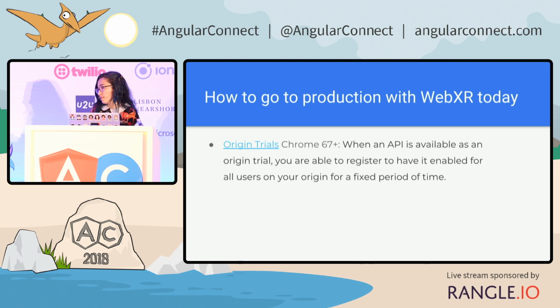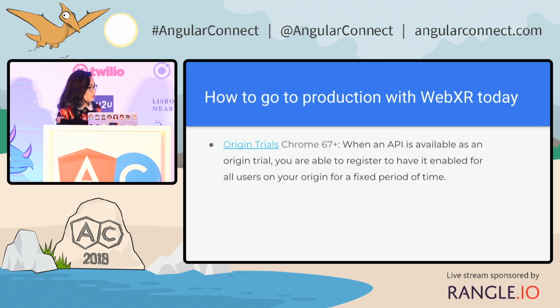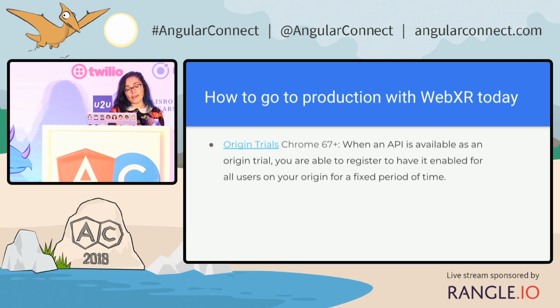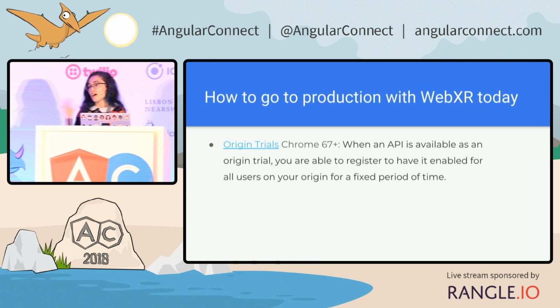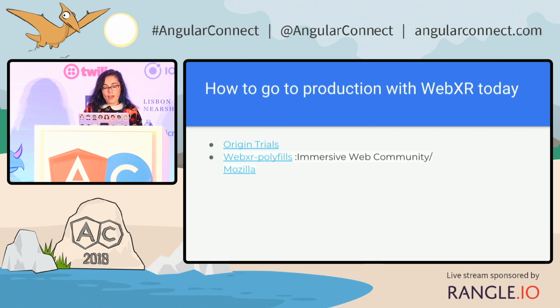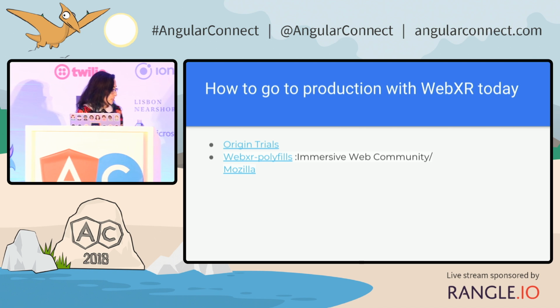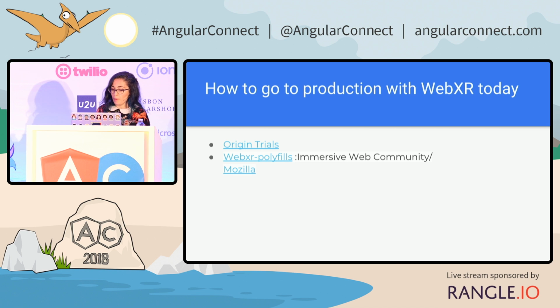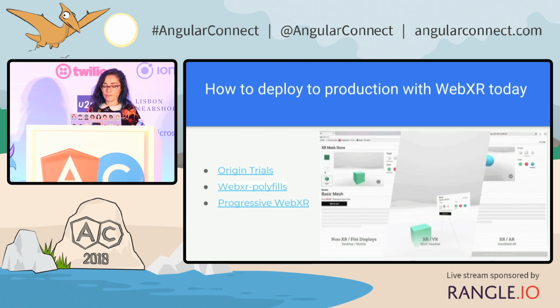And the other thing that we can do today is, if you're using Chrome, one thing that you can do is you can sign up for origin trials, and that allows every user that comes to your website to have this experience without having to enable any of the flags, which is a really cool thing. And we are developing some WebXR polyfills, Mozilla is developing, and then the immersive web is developing. So some of the capabilities that are not implemented by some of the browsers will be available by using the polyfills.